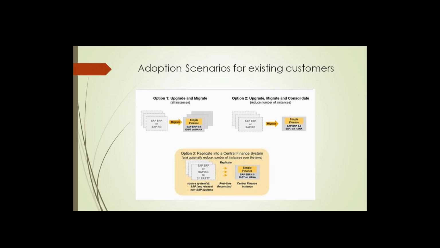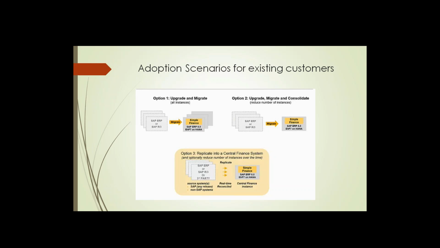What will happen is whenever you perform any transaction in your traditional system, the data will be replicated to the Simple Finance server, which means you keep a separate copy of Simple Finance and through ad hocs, you just communicate each and everything to the new server and you can perform all your reporting tasks on the Simple Finance system. This option is called a central finance system, where you are not actually installing Simple Finance on each and every server.